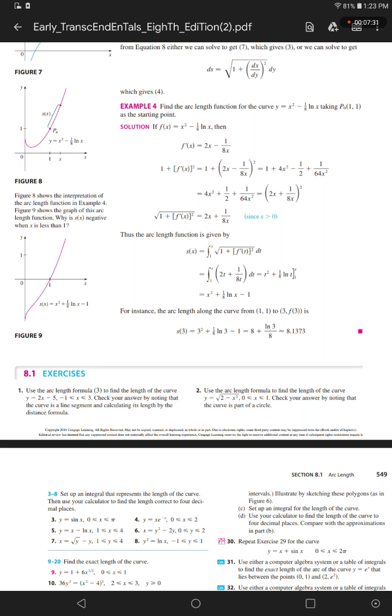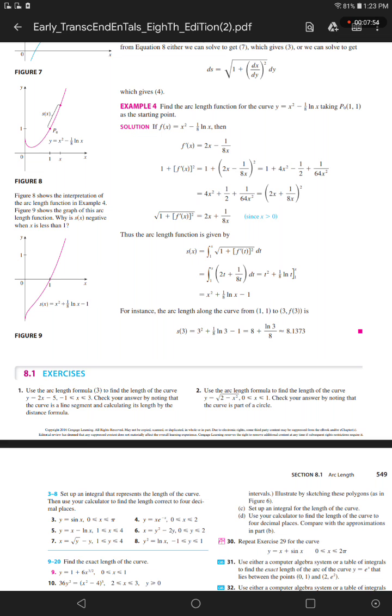Example 4. Find the arc length function for the curve y = x² - (1/8) ln x, taking P₀(1, 1) as the starting point. Solution.